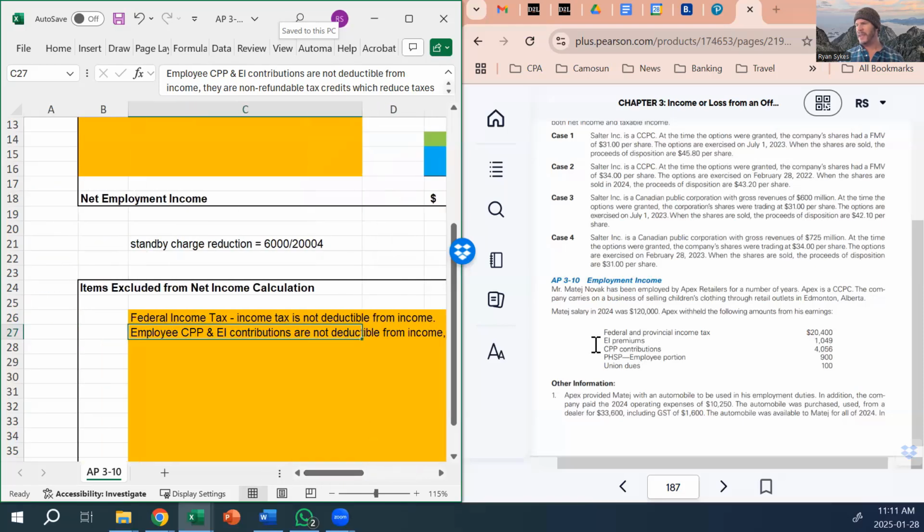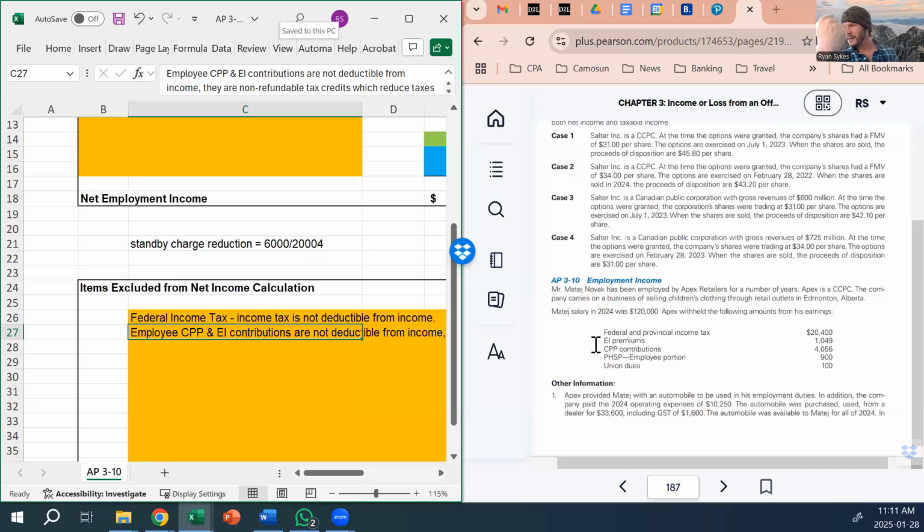Next up, I have PHSP, Private Health Services Plan, the employee portion. What's withheld from Mate's salary is $900 over the course of the year, and it's remitted to a private health insurer. Right now, this is again not deductible from his income. Remember, always ask yourself a question: if the employee is paying amounts, is that deductible? That's what you have to determine. If an employee is receiving something, you have to determine if it's taxable.